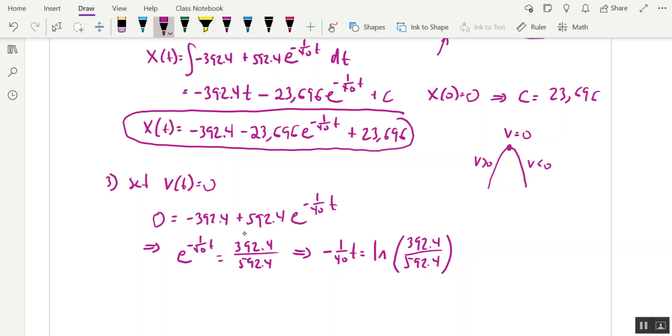And then finally, multiply both sides by negative 40, and we get t is negative 40 ln of 392.4 over 592.4. And so now you do need a calculator. That's approximately 16.48 seconds. I rounded, it was 16.47 something.